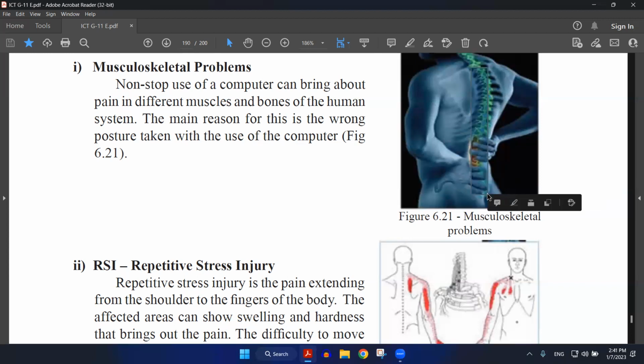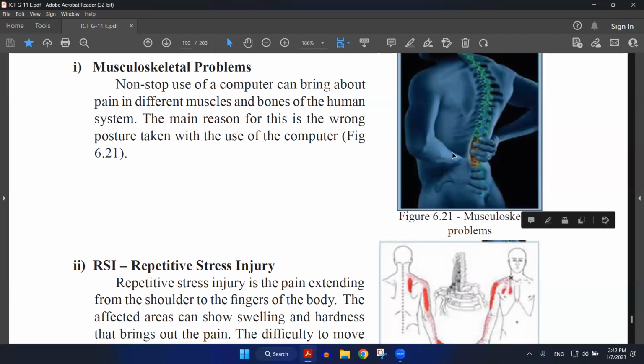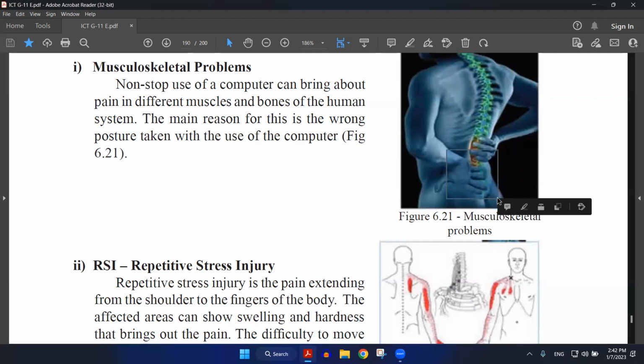When we rest the back on a chair, the muscle gets less strain. If you are not resting, it gets more strain, and more strain means the muscle will tire very soon. Due to that, muscles can become weak, and when the muscles get weak, you will have pain, right?